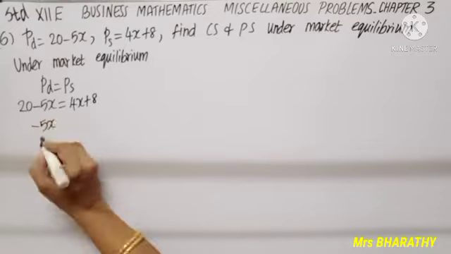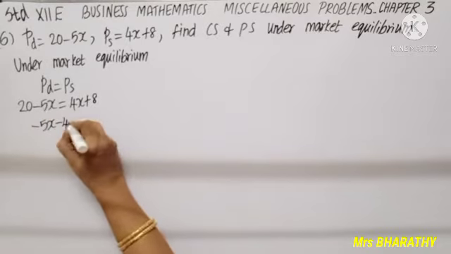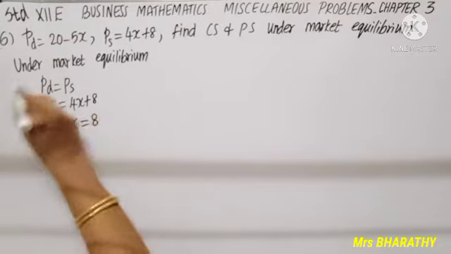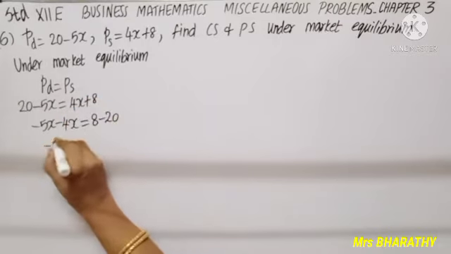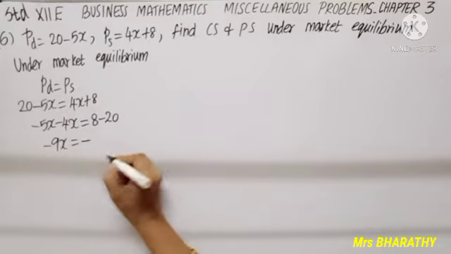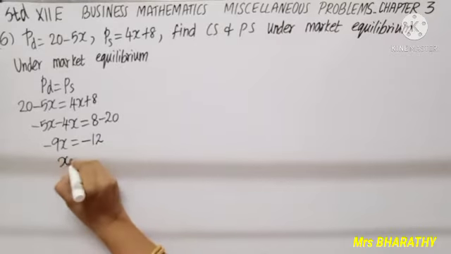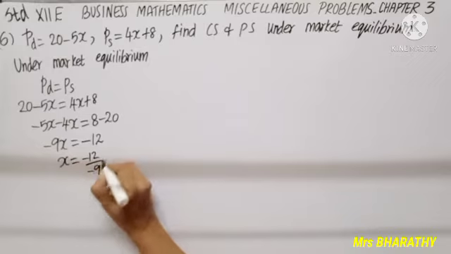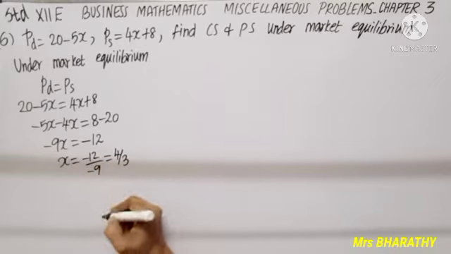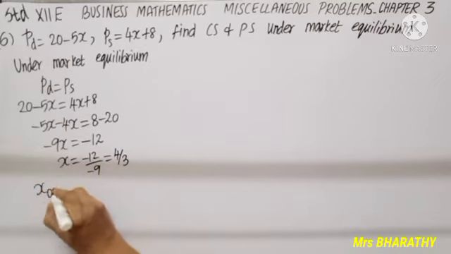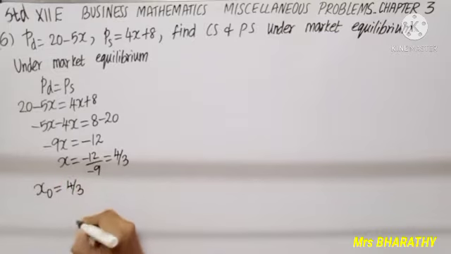As we simplify, minus 5x minus 4x equals 8 minus 20. Minus 9x equals minus 12. Or x is equal to minus 12 by minus 9, that is 4 by 3. Consider x naught equals 4 by 3.